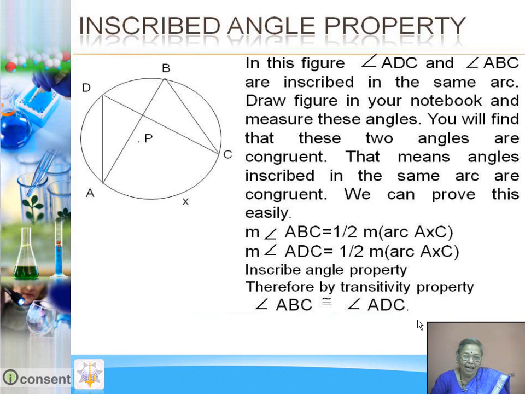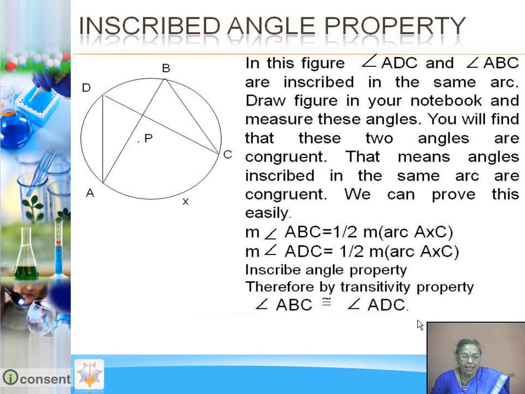You will see that these two angles inscribed in the same arc are congruent. If you want to write the proof of it, then you can write the proof. Here, the angles ADC and ABC are inscribed in the same arc. Angle ADC is equal to 1/2 major arc AXC.